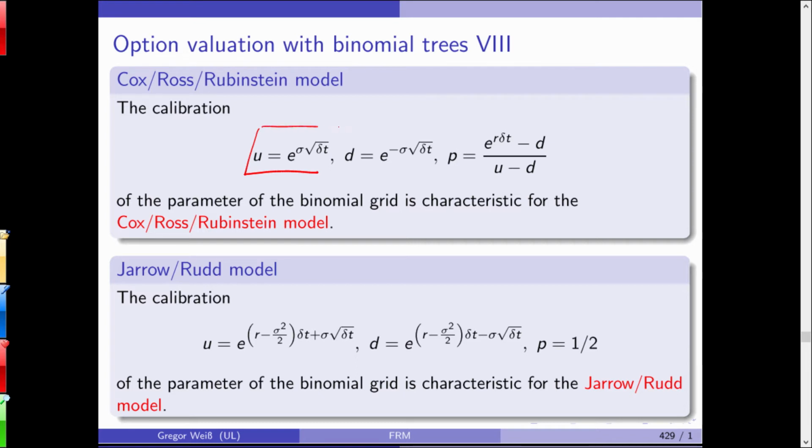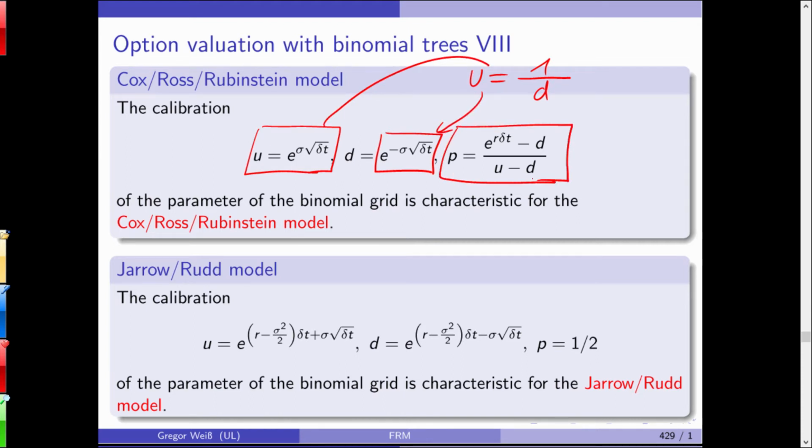U is equal to this, then as u is set to 1 over d, you can solve for d. So via this, you get this, and this is the pseudo risk-neutral probability.